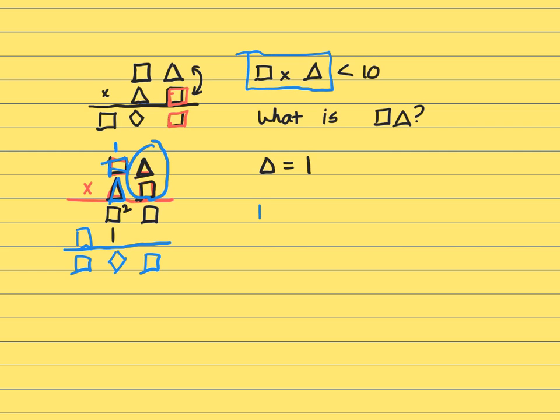So square times triangle has got to be actually less than 9, and 3 times 3 would give me 9, but it's got to be less than 9, so that's got to be a 2 times a 1. So that's how we know that the square is a 2.